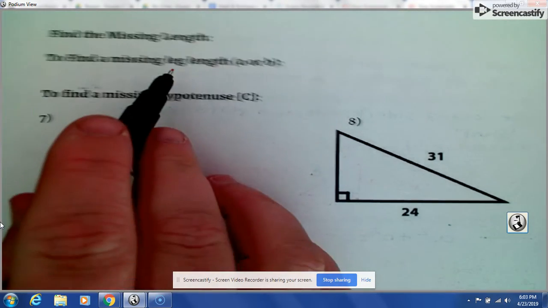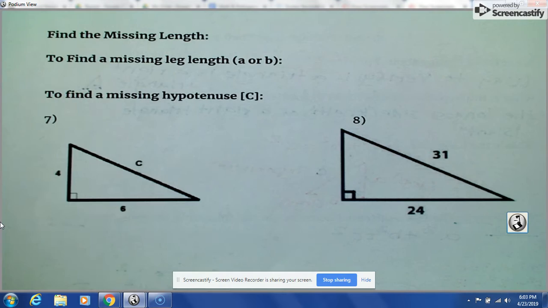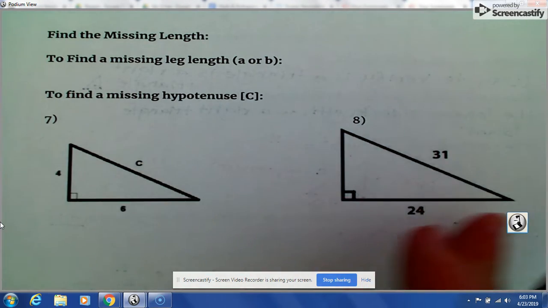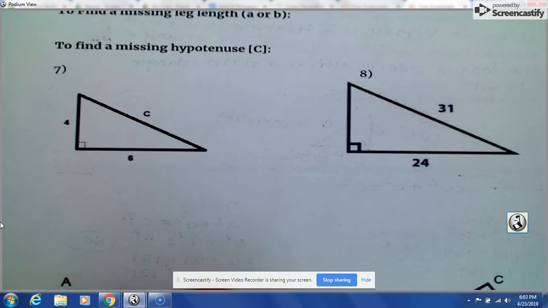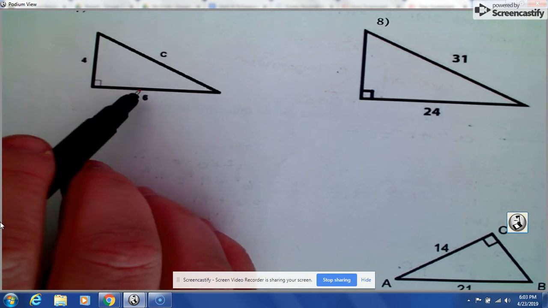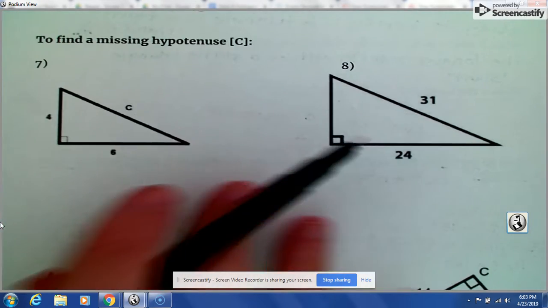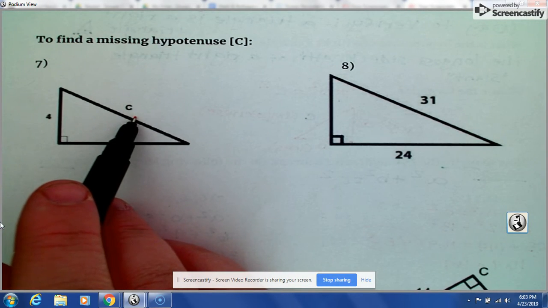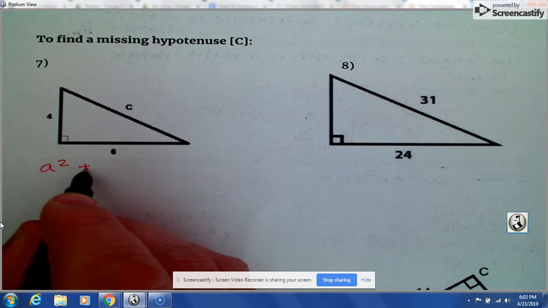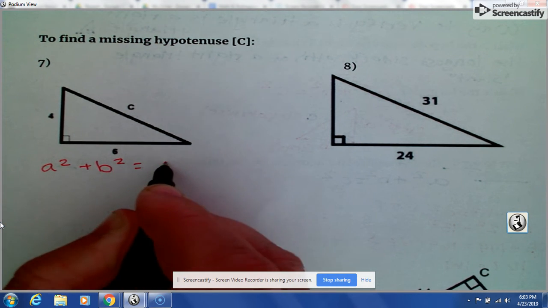So we're going to be finding the missing lengths now. They're going to give us a triangle, but one of the lengths, this is the applying part, is going to be missing. Okay? So if we are given the 4 and 6, those are the legs, the leg lengths, we need to find C. So we're going to write our formula down. A squared plus b squared equals c squared.